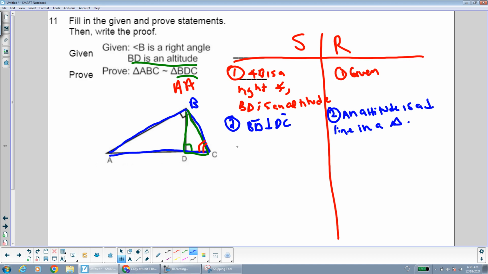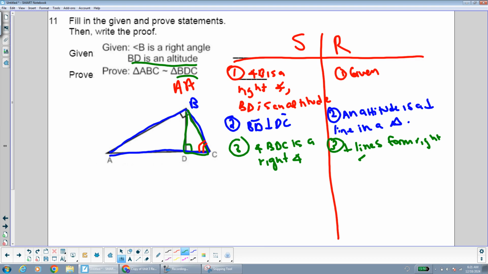Now that I know that BD and DC are perpendicular, I can say angle BDC is a right angle, and that's because perpendicular lines form right angles.